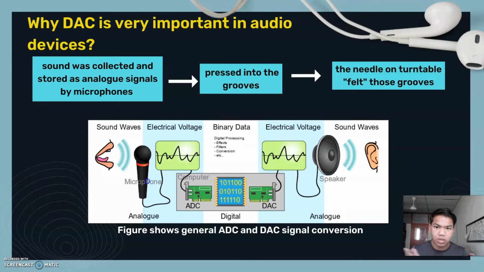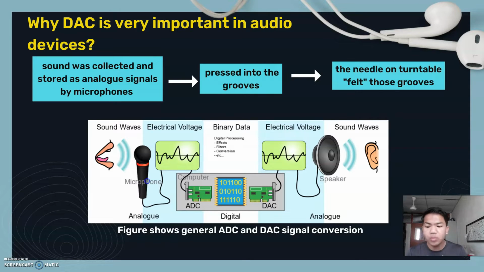Basically, a long time ago, sound was collected and stored as analog signals by microphones, then pressed into grooves, and the needle on the turntable would feel those grooves to form an electrical signal, sending these signals to the preamplifier and then to the speakers.